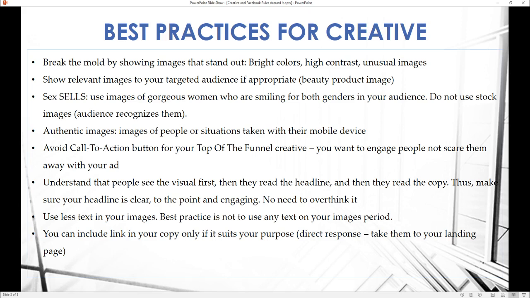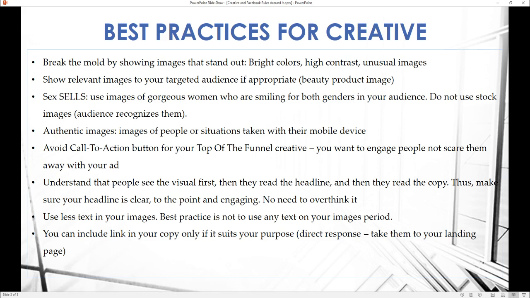I understand that if you're looking to build engagement, if you're looking to build social proof, you don't want to have a call to action button. It puts people off, and it's just something that you probably don't want to do. So you want to engage people, not scare them away with your ad, and that is why we don't want a call to action button in this case.